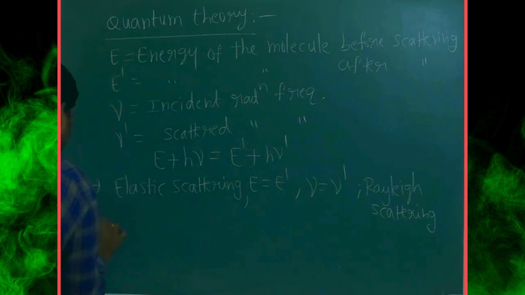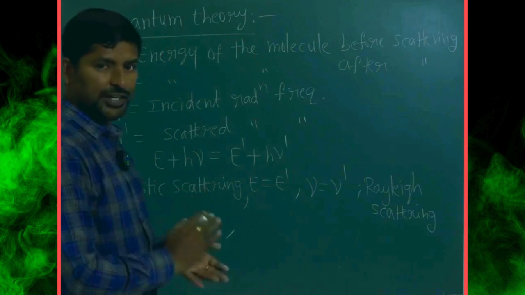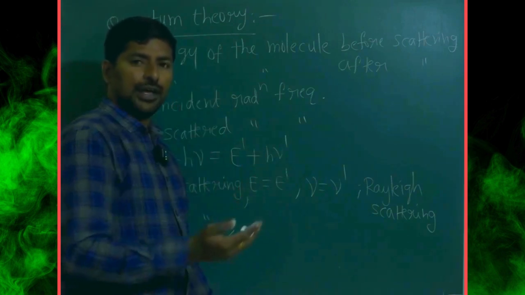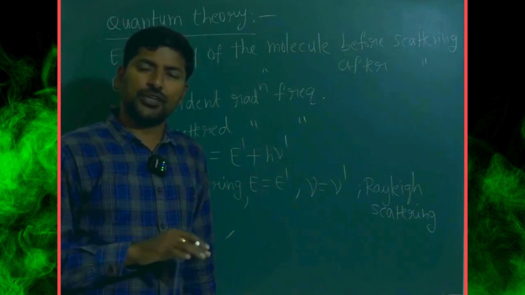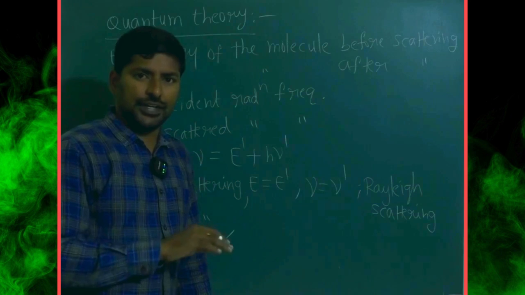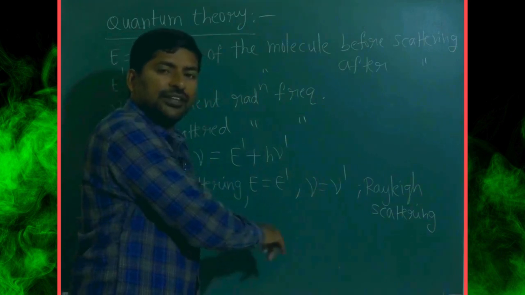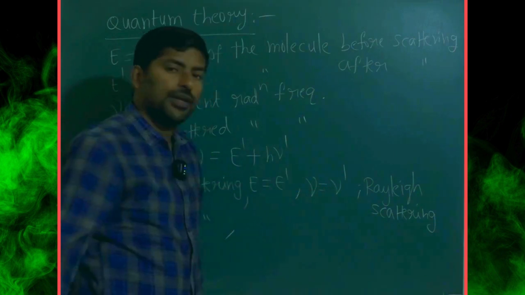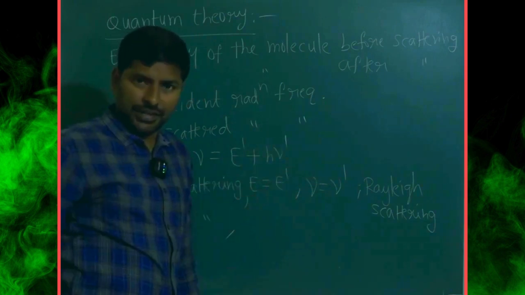If the collision is inelastic, energy is exchanged. So the molecule is giving energy to the radiation, or the molecule is absorbing energy from the radiation. That means the energy of the molecule may increase or decrease, or the scattered radiation frequency may increase or decrease.